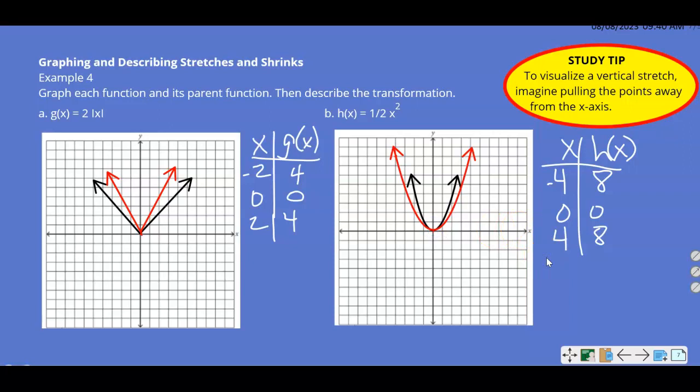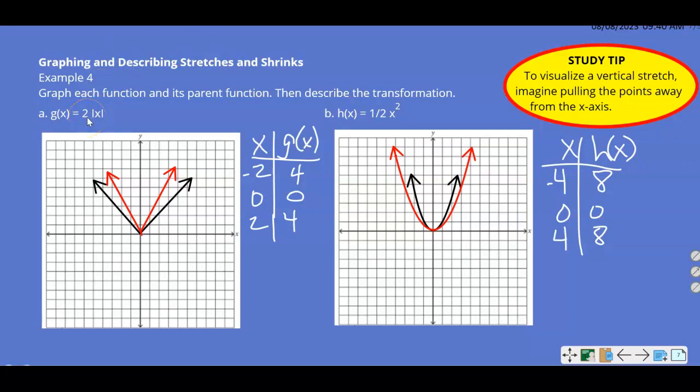Now we have graphed both g of x and h of x. Now it says to describe the transformation. Let's start with a, g of x. For g of x, we can say that there's a vertical stretch of 2 because of this 2 here.